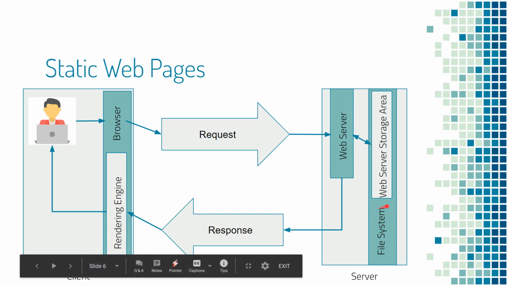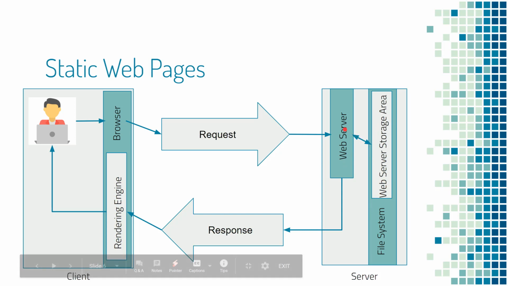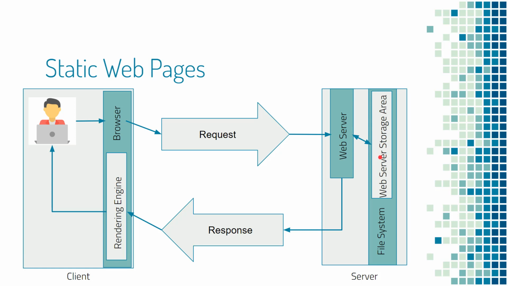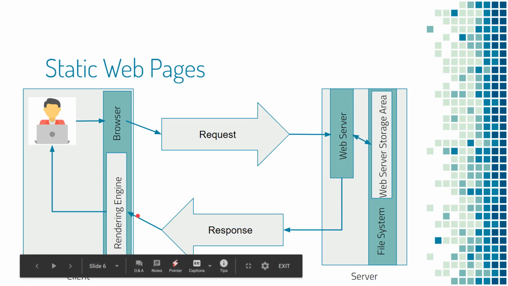You might have it elsewhere in the file system, but the web server will not be able to see outside of its storage area. So let's say the web server finds the web page you are trying to retrieve. It's just going to take it and send it as a response to the client.